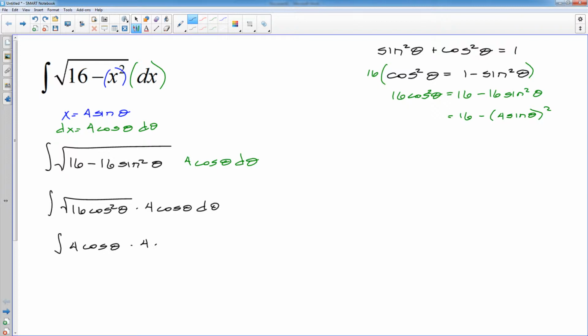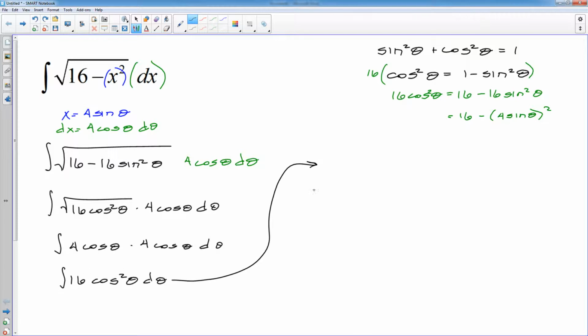And I still have the 4 cosine theta d theta, which turns into 16 cosine squared theta d theta. And so the idea behind the trig substitution is to get rid of the radical, to find a way to simplify your integral.